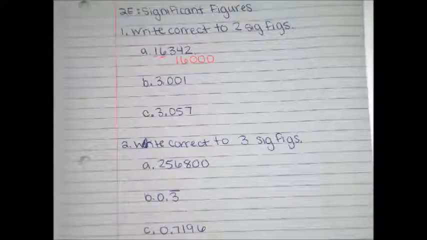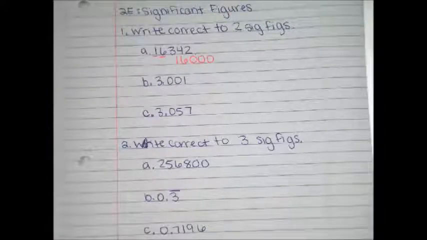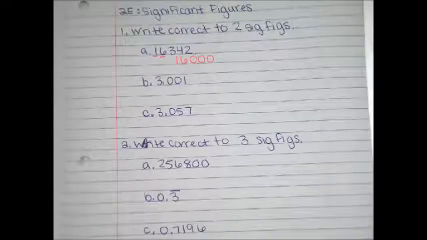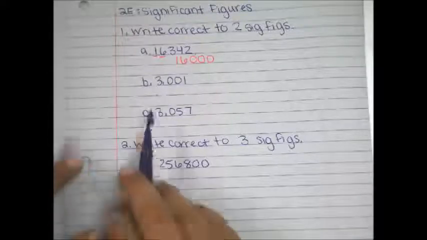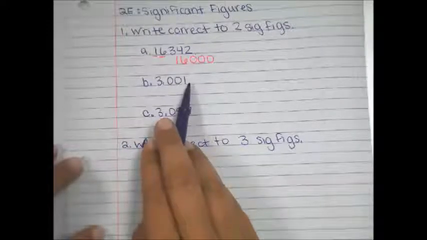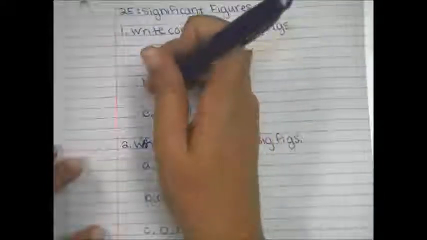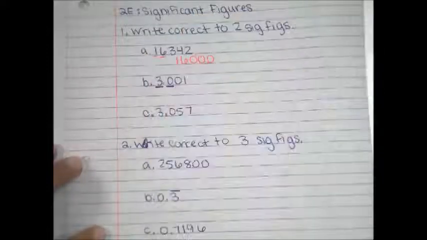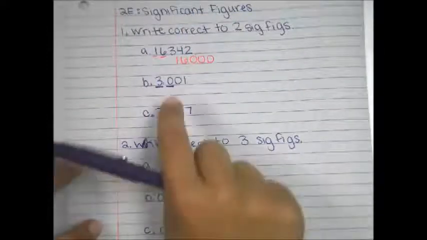All right, so for B, now we have this decimal point involved, 3.001. If I were to ask you how many significant figures are in this number, we've got 1, 2, 3, 4 significant figures total. We want to round to just 2. So once again, we're looking at the 2 furthest to the left.